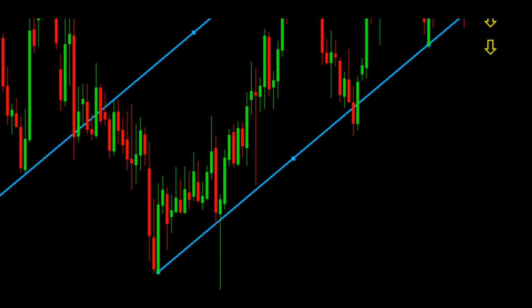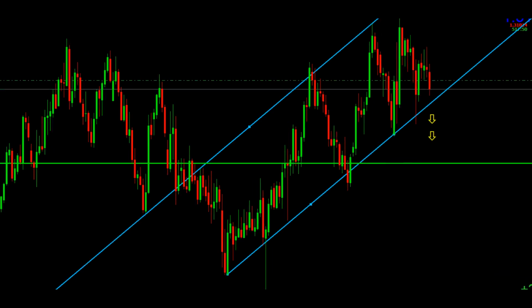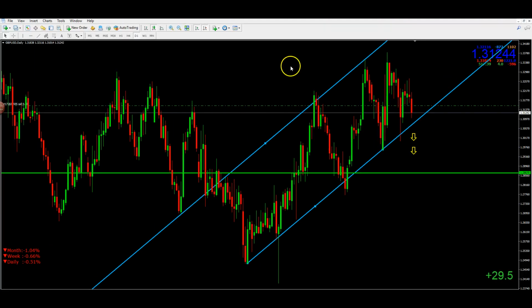By that I mean, you would have waited to enter the trade close to where the previous red candle closed, even to take it up. Okay, so let's continue with today's trade.